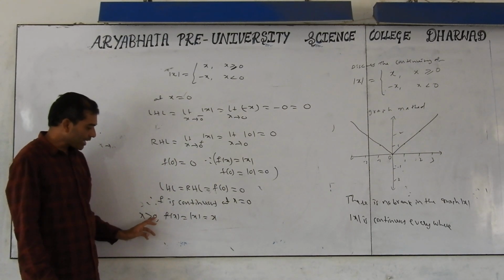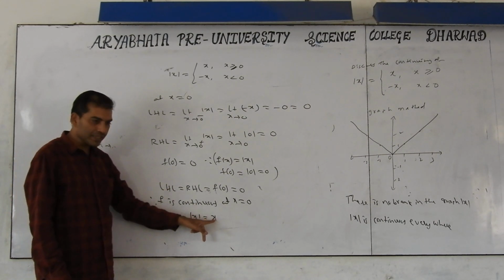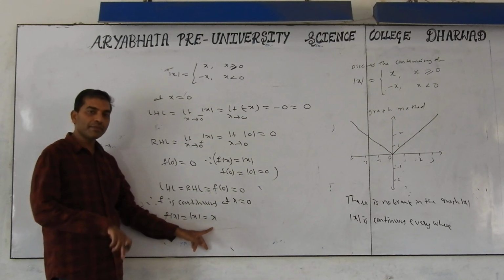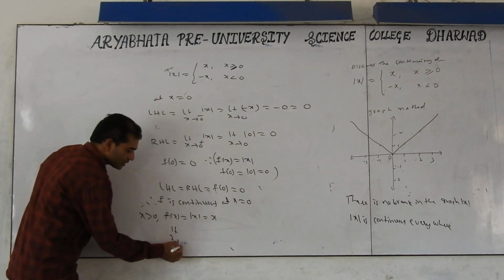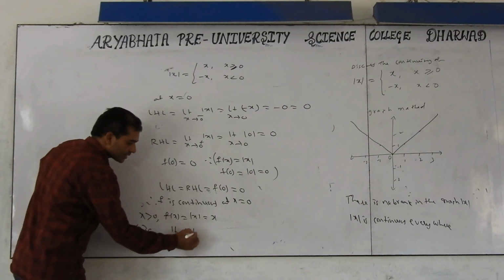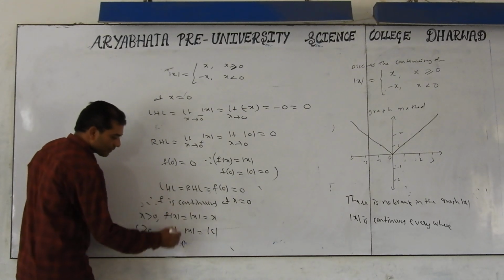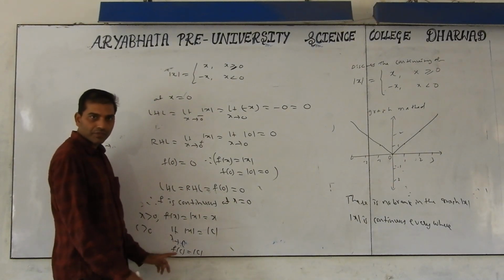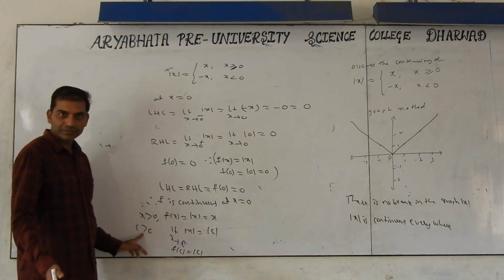Because if you take any number above 0, say 1, mod 1 is 1, and the function value is also 1. So the function value and limit value are the same. Limit of x tends to c, where c is greater than 0, of mod x equals mod c, and the function value f of c equals mod c. Both are the same. Therefore it is continuous at c, which means above 0.